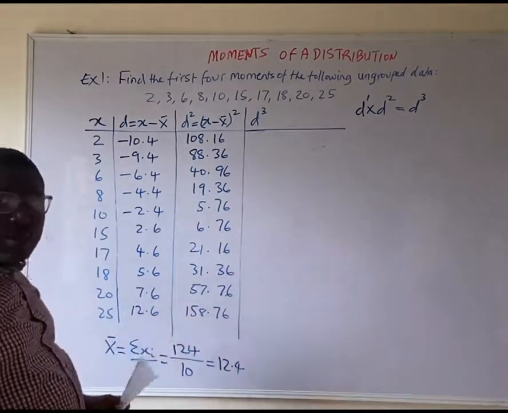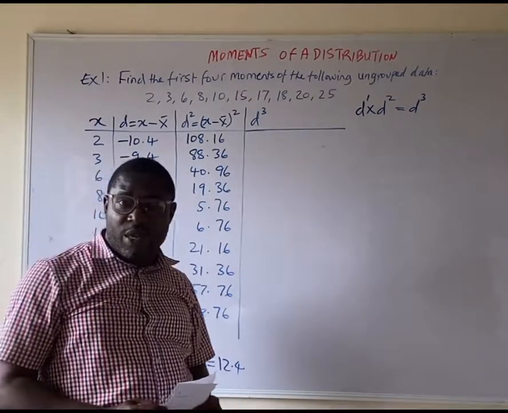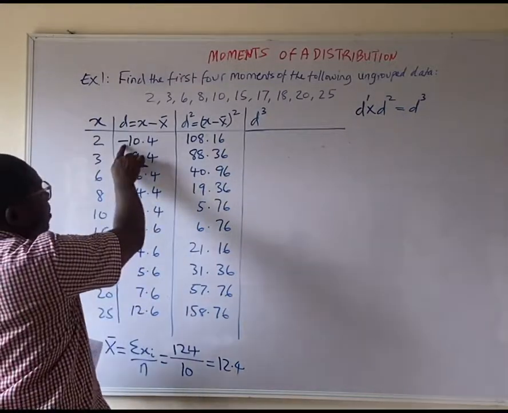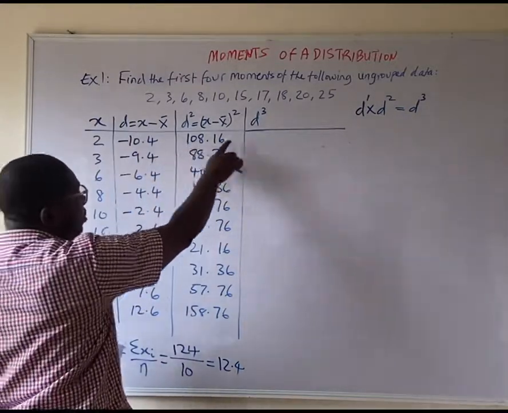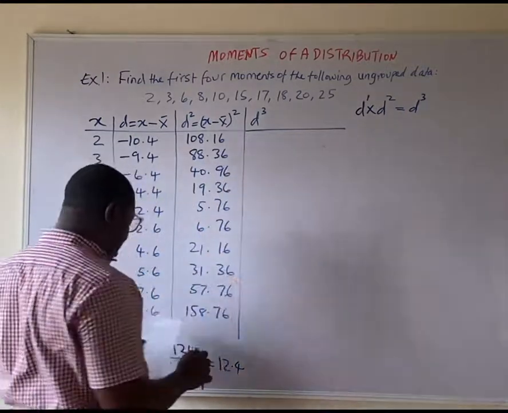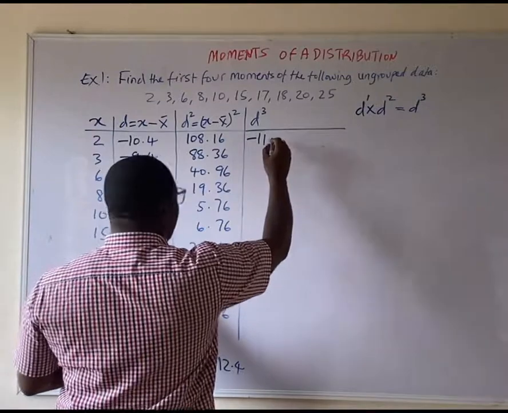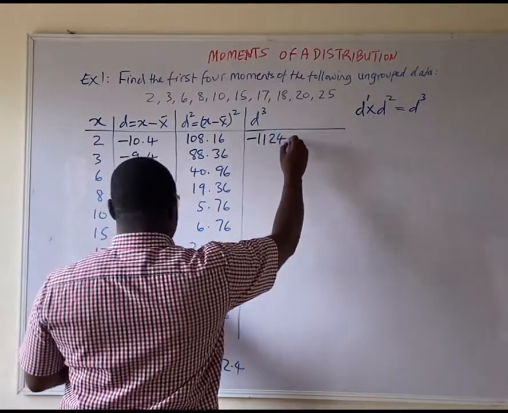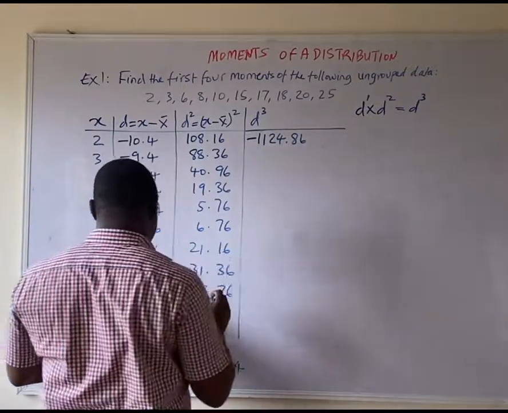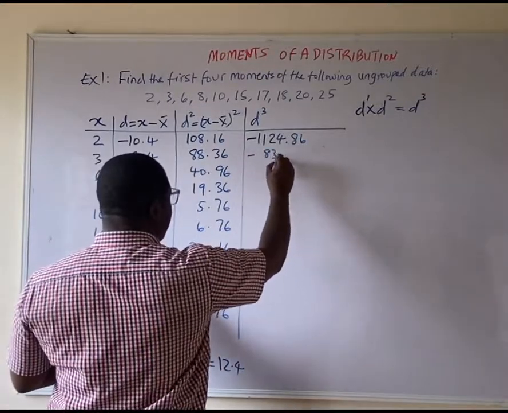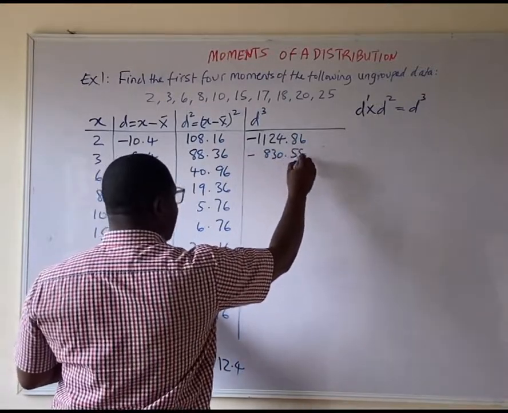So let's do that. Can you do that with me very quickly, wherever you are? Now, mind you, if you have minus times plus, you are going to produce a minus here. So don't make a mistake. We have minus 1124.86. That's the first one. The next one is minus 830.58.